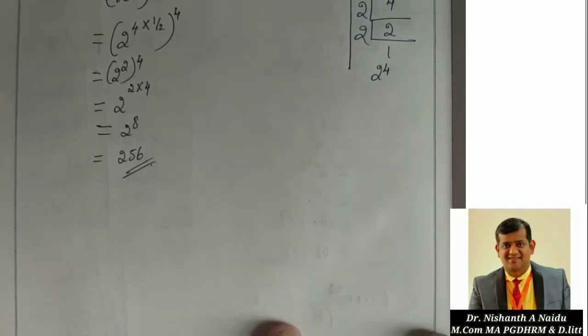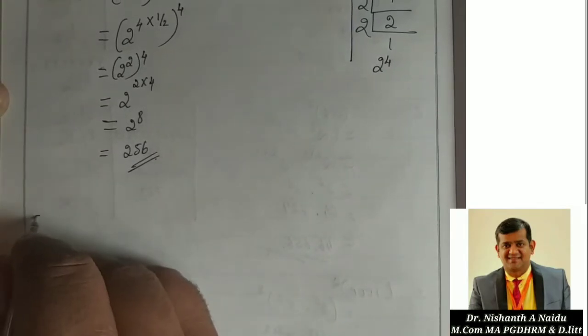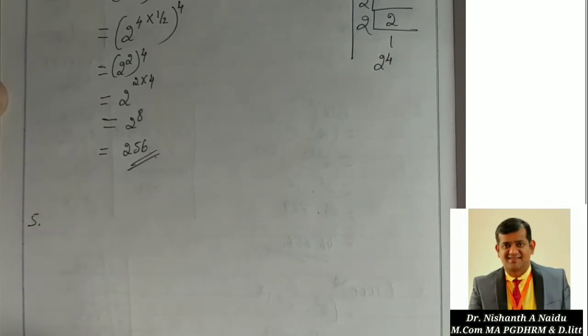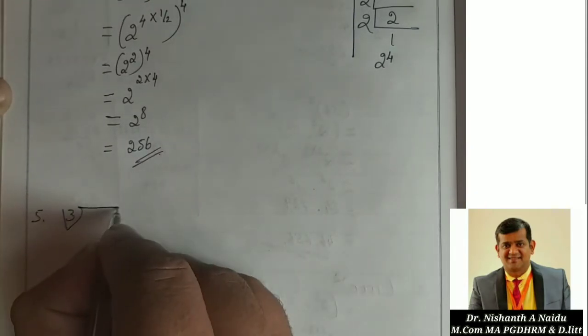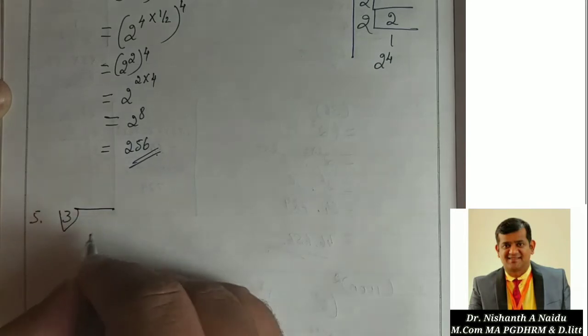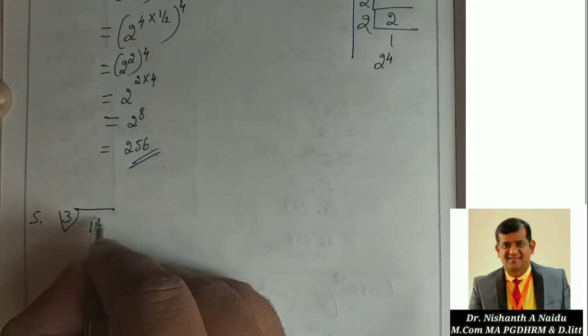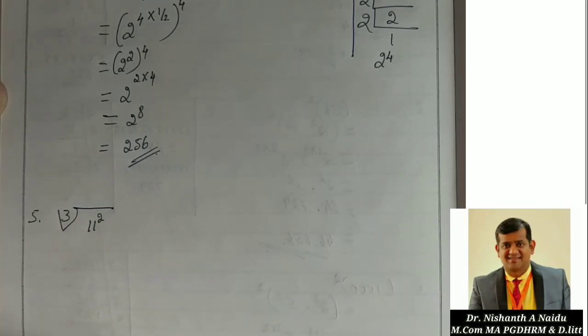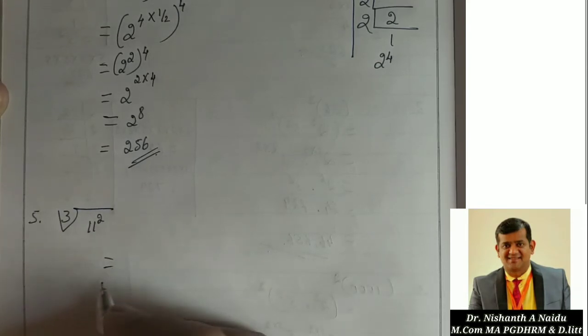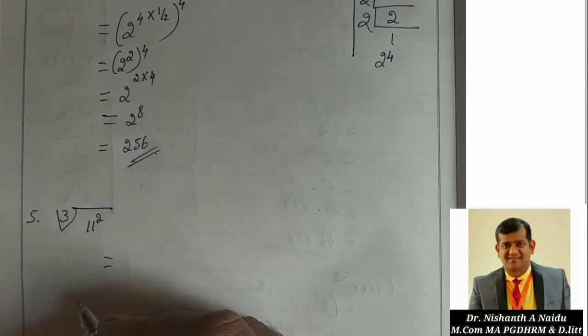Next I am going for the fifth problem. Problem number 5 is root 3 of 11 to the power. Whenever this comes, check the 8th law which I have taught you. The power value should come first, then you have to multiply.